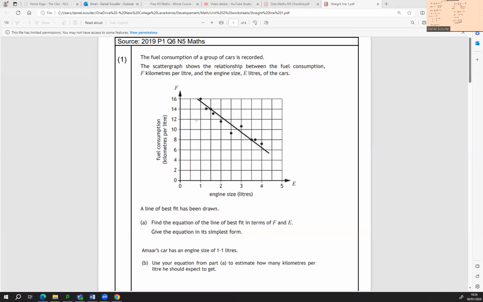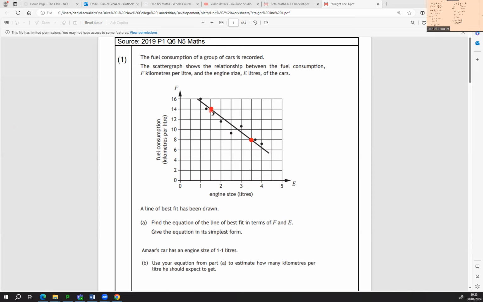You've got a dot at 1.5 and a dot at 3.5 on the x-axis. So, what are the ones that are right on the line? There's a little spotlight. That point and that point are right on the line. So these are the 2 points of interest.